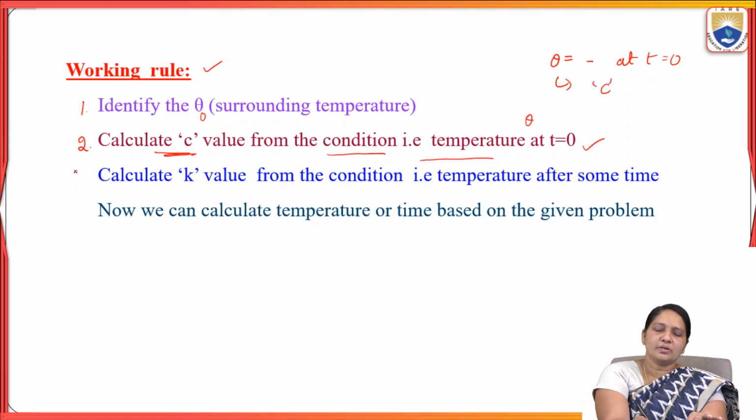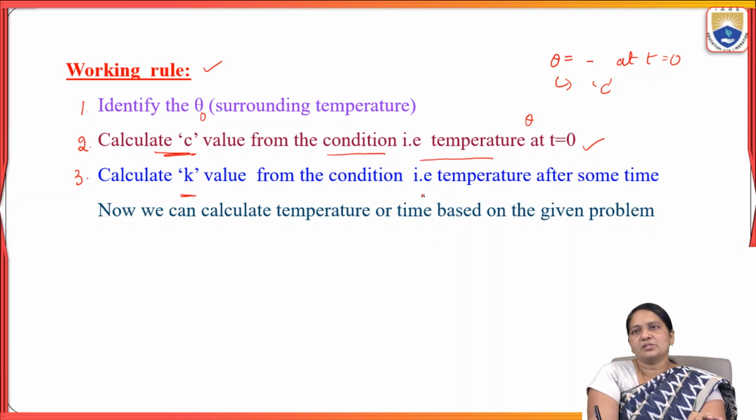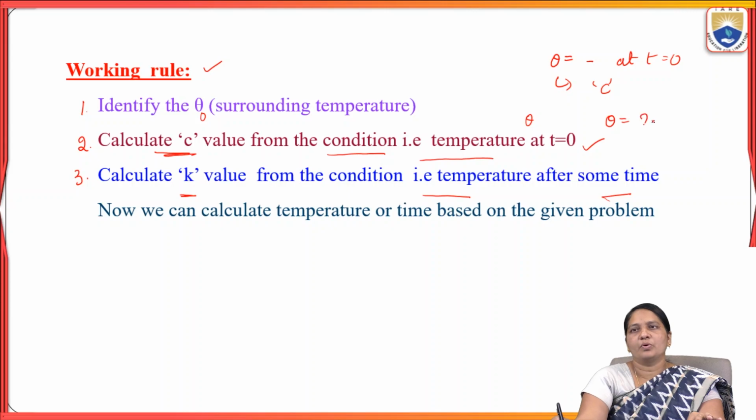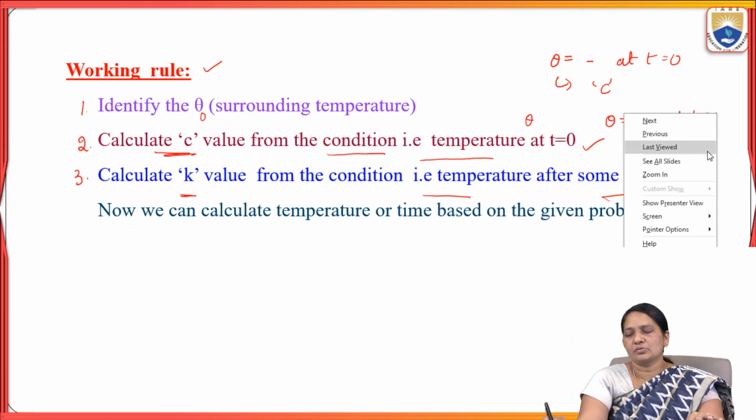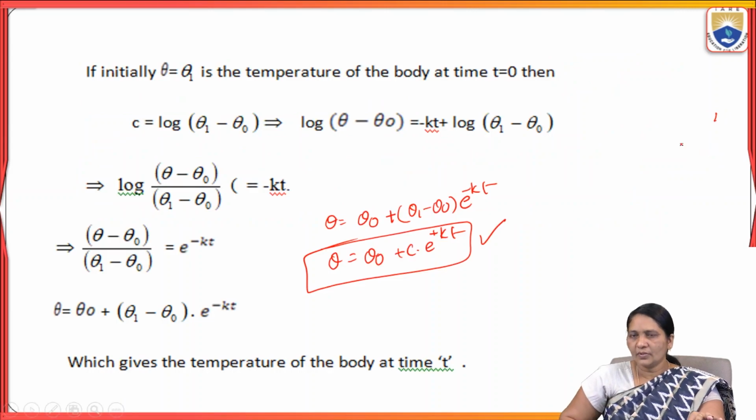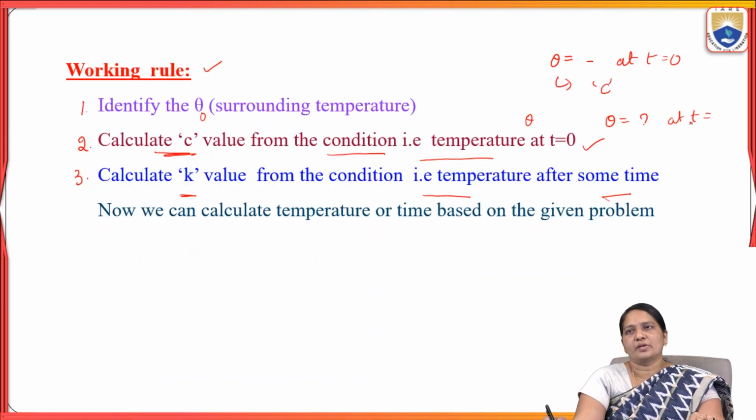In the third step we are going to calculate the K value from the condition, the temperature after some time. What is the temperature of the body after some time? They may give 10 minutes, 20 minutes or 30 minutes, whatever it may be. By using this second condition, we are going to calculate the K value.